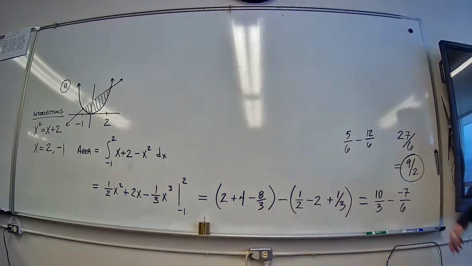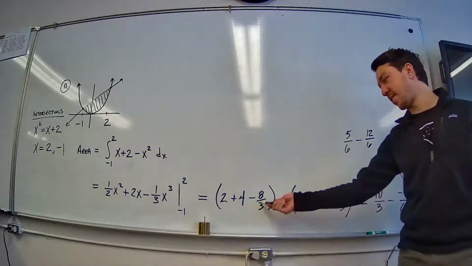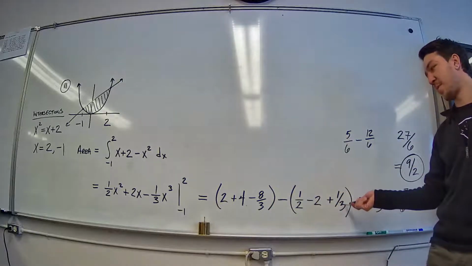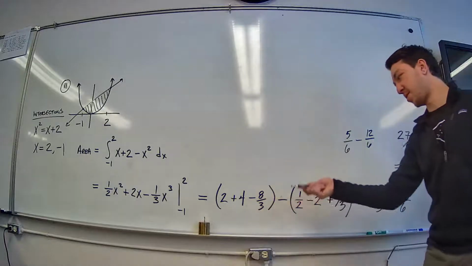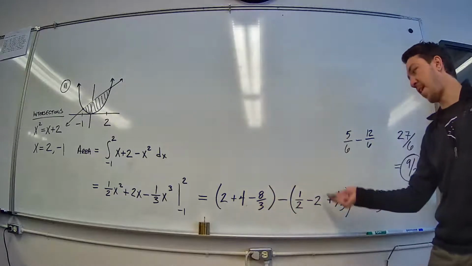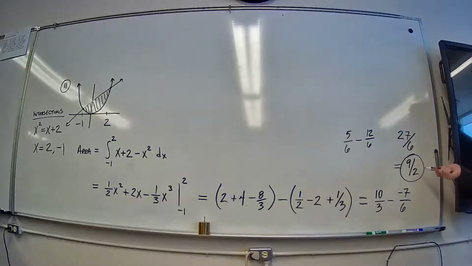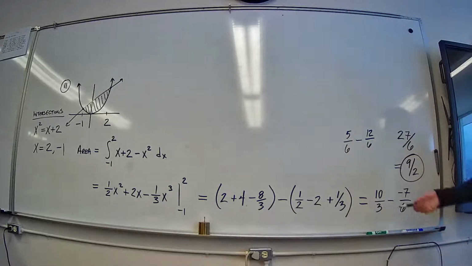Sorry, I kind of ran out of room here, painted myself into the corner. And I'm realizing now there probably was a more clever way to do that, because you had -8/3 minus 1/3, which makes -3. So you can go 6 minus 3 is 3, 3 plus 2 is 5, 5 minus 1/2 is 4.5. So oopsies, that works too.